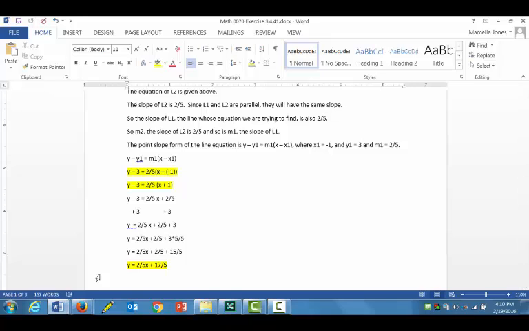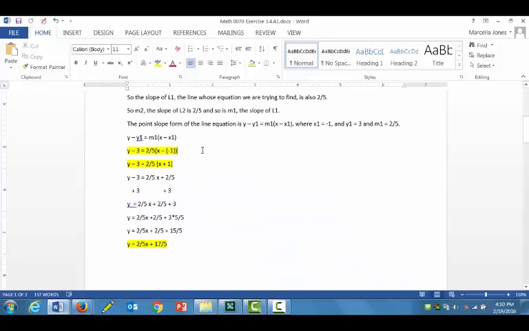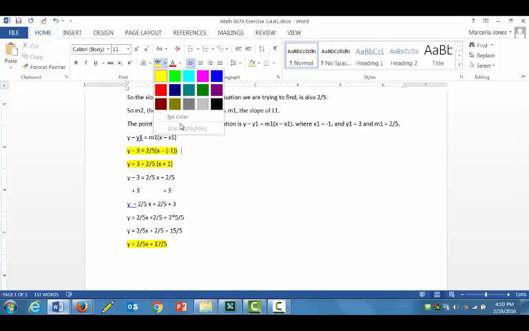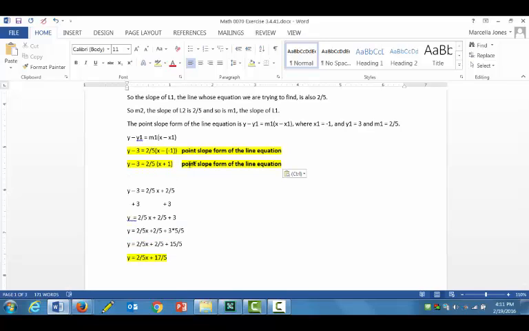The reason is, and let me just highlight what these are. This is the point-slope form of the line equation, which is also what this is.